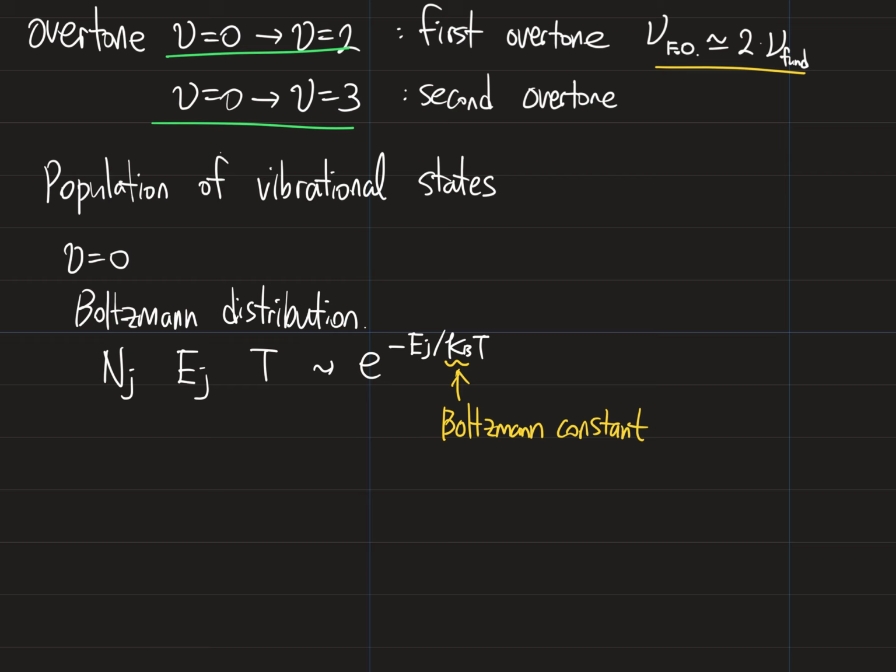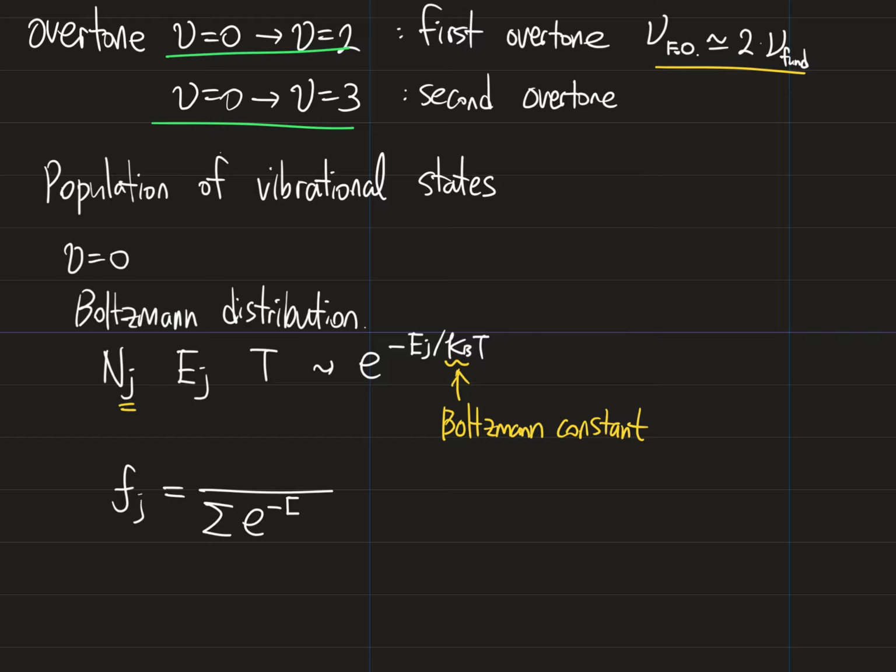I guess you already learned how to quantify the fraction of molecules in a specific energy level, maybe in the physical chemistry lecture. So the fraction of molecules F_j in that state, where j is the index for the state, means we sum the number of molecules over all states.